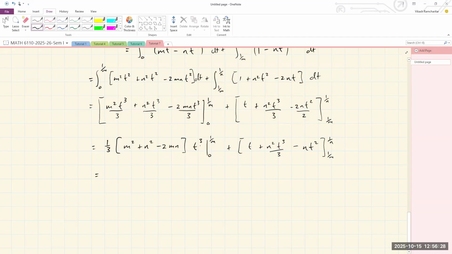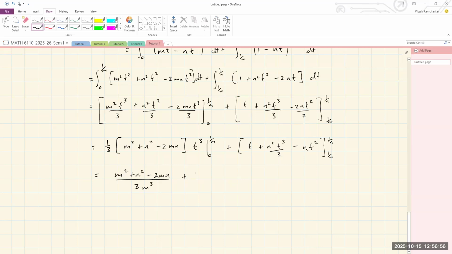Okay, so this first one is just 1 over m cubed. So we got m squared plus n squared minus 2mn all over 3m cubed. Right, that's what this first guy will be.